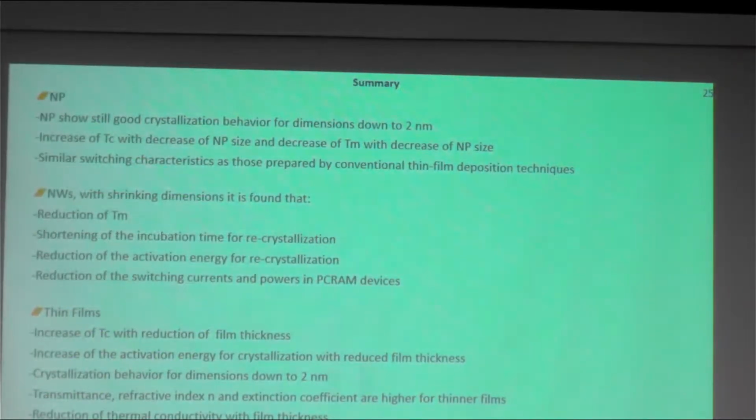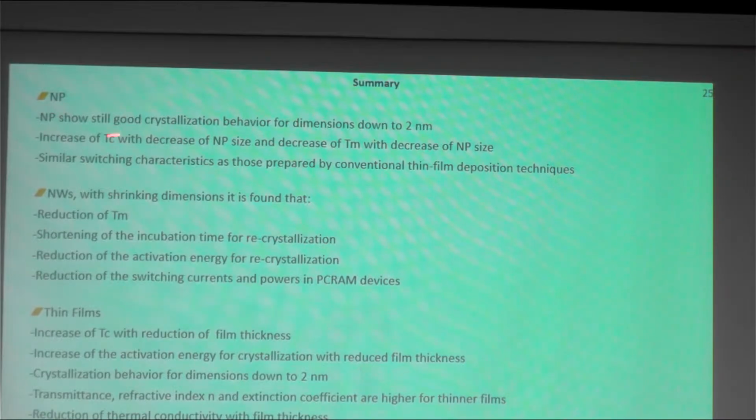So here I would like to conclude my talk. What I showed today is that nanoparticles showed good crystallization behavior for dimensions down to 2 nanometer.